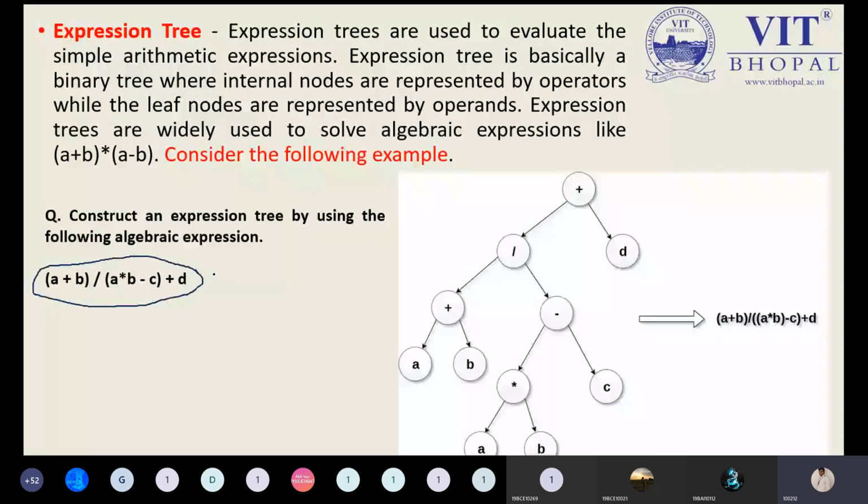See this example and understand it within one minute, and tell me how we are evaluating.